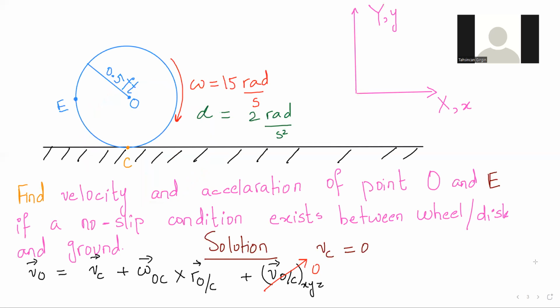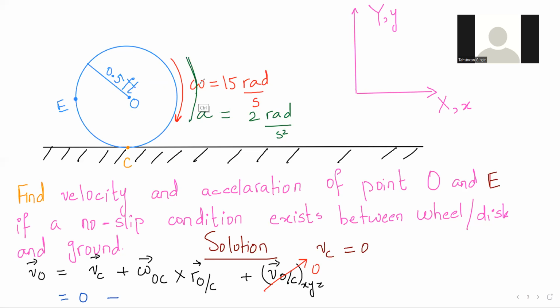So good. Oh come on, what should I do now? Just finish this. What is VC? 0 plus. Okay, what is the direction of alpha? Again, this is a big mistake from my side. I have to provide to you the direction.